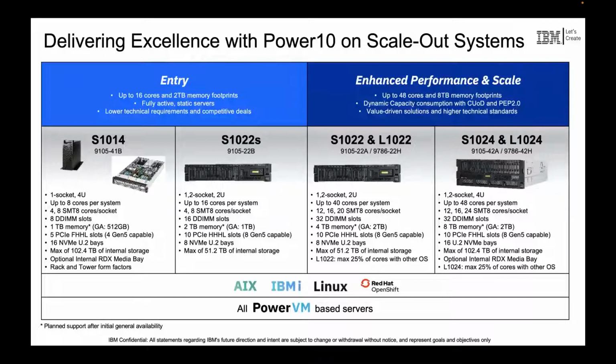I was surprised when we started refreshing 780s into 924s, because we crossed from enterprise into scale out. And now with these capabilities, we can go up to 8 TB memory and 48 cores. This is just phenomenal. So lots of power, lots of capability, similar platform to what we knew and loved.